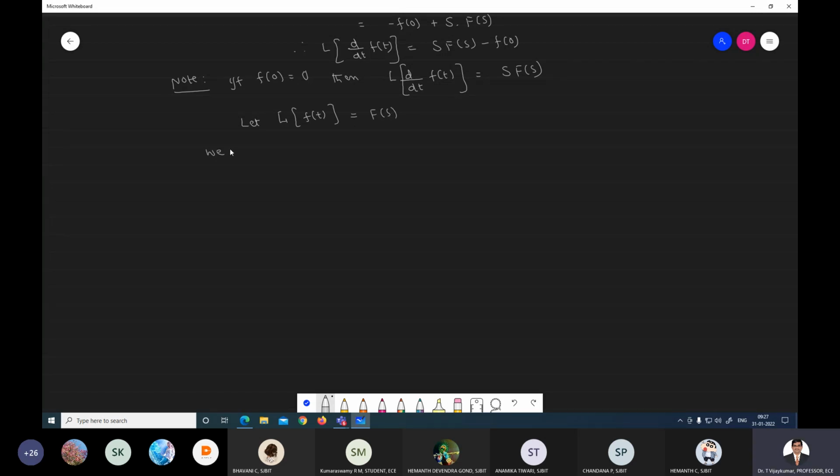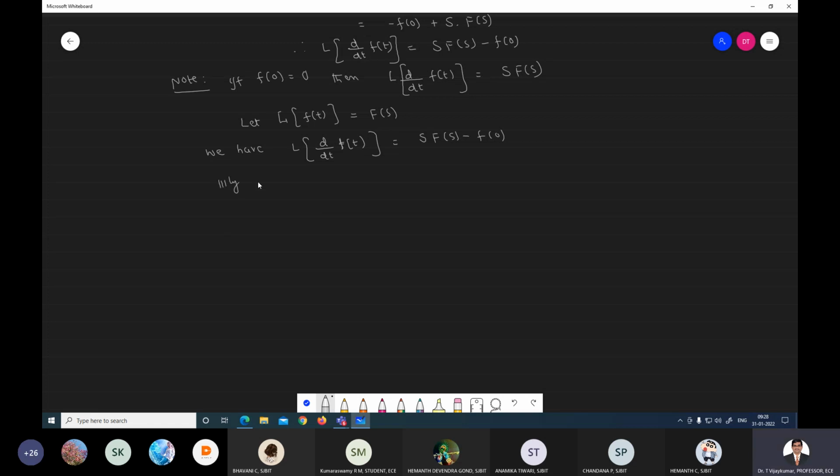Then we have Laplace of d by dt of f of t equal to s into F of s minus f of 0.